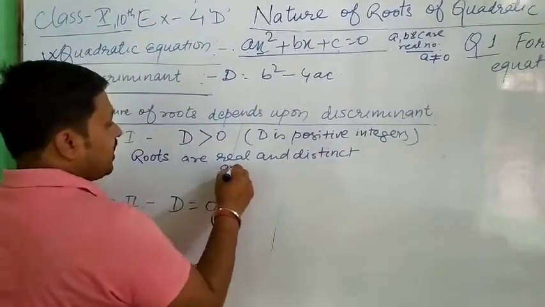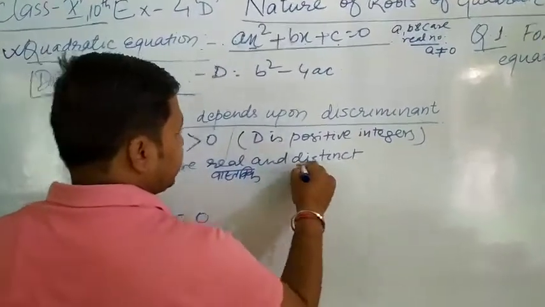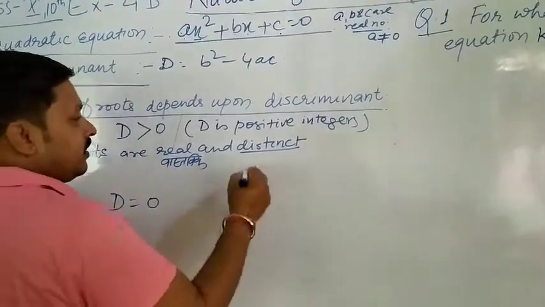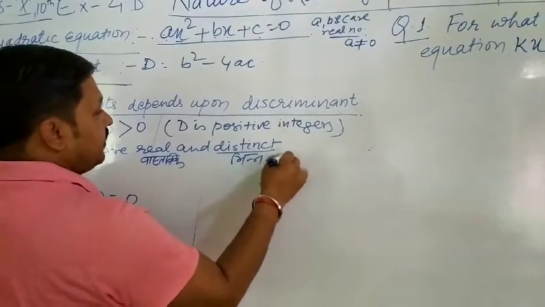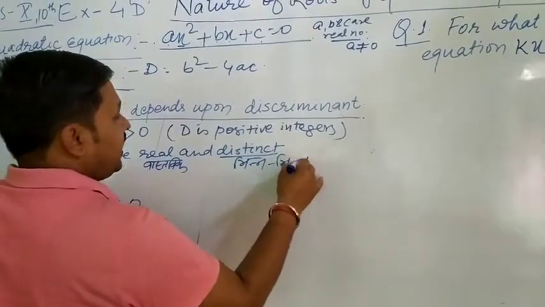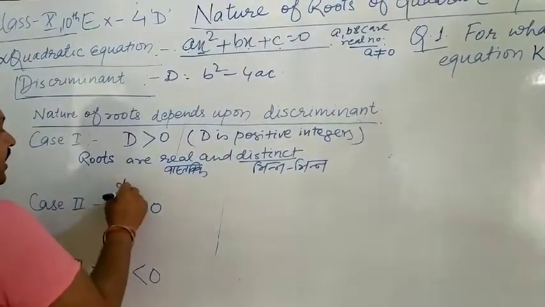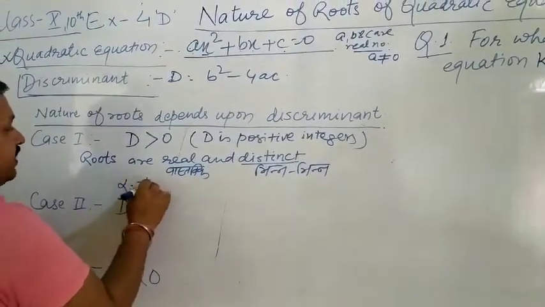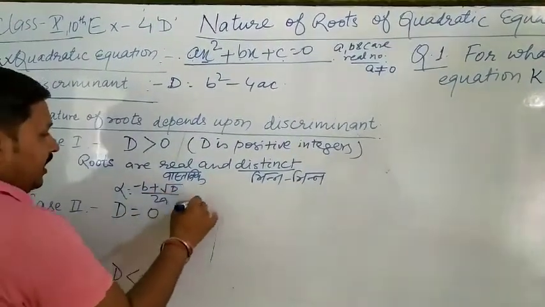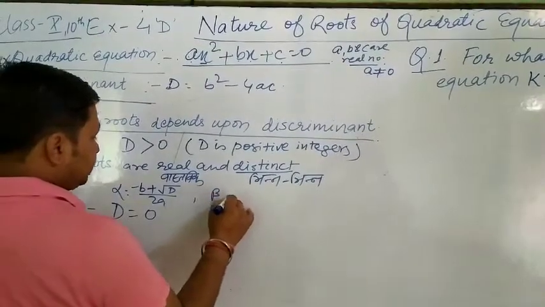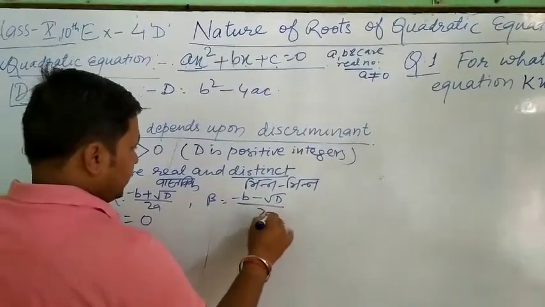Real means real, and distinct means different. That means its roots will be different. So alpha equal to minus b plus root under D by twice a, and beta equal to minus b minus root under D by twice a.